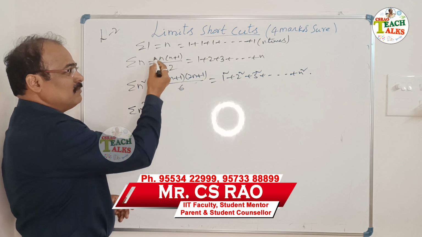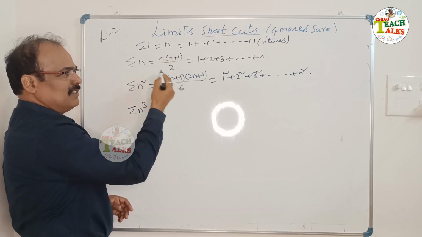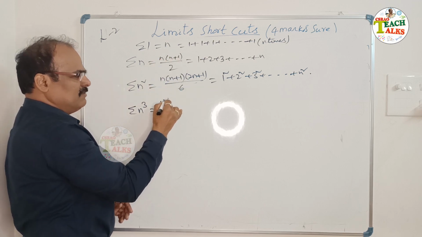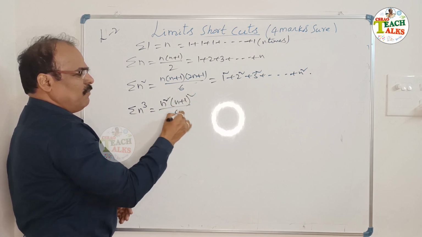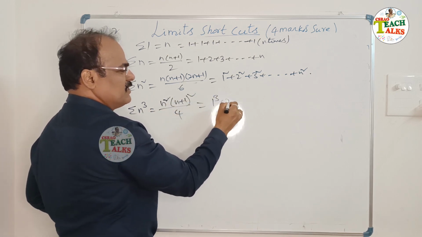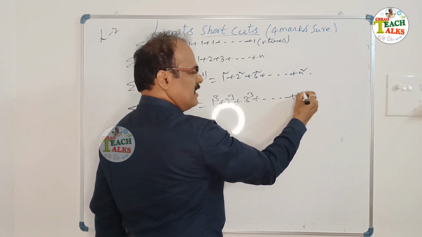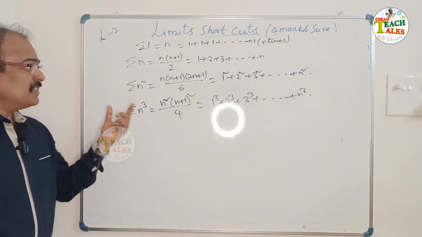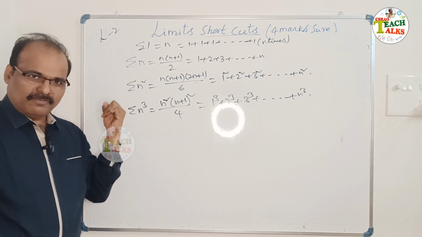It is just the square of sigma n, so no need to remember it separately: n square into n plus 1 whole square by 4. It is 1 cube plus 2 cube plus 3 cube and so on plus n cube. You must remember these small conceptual formulas.